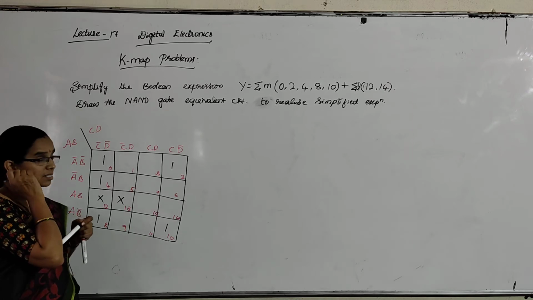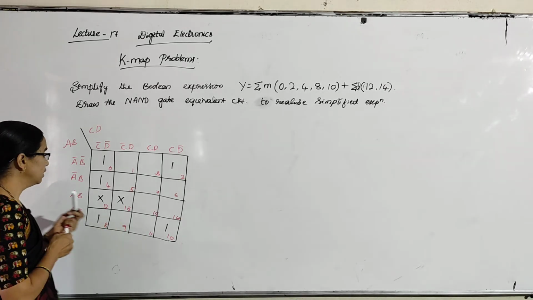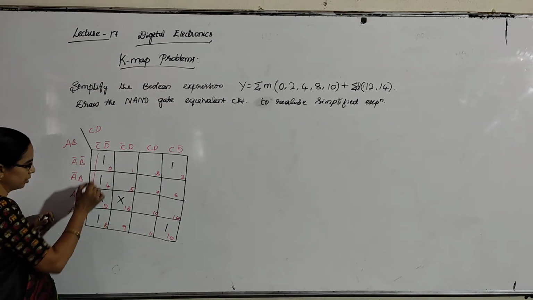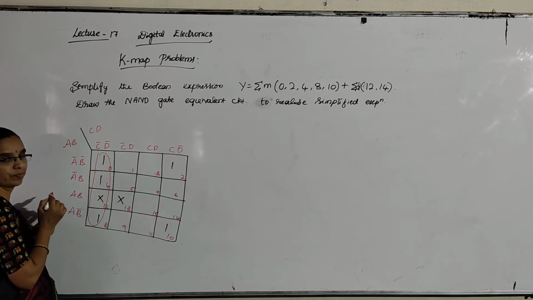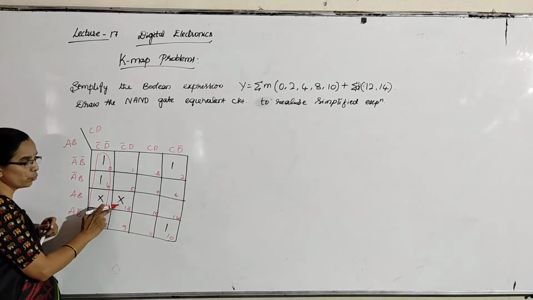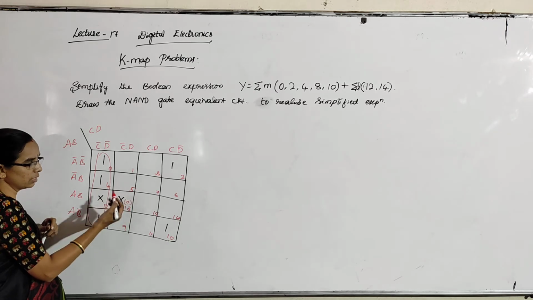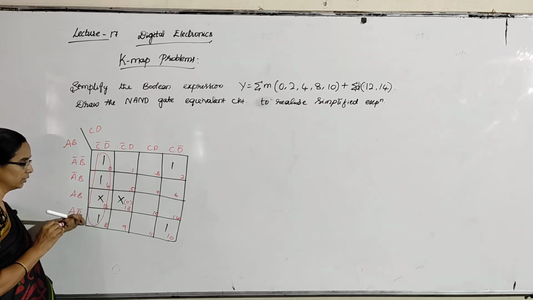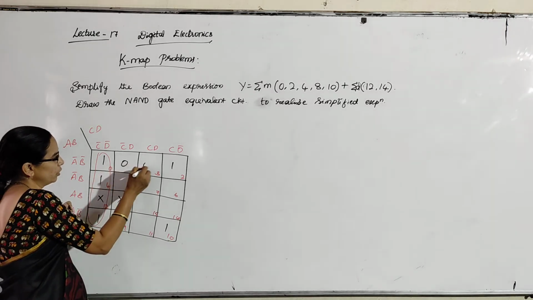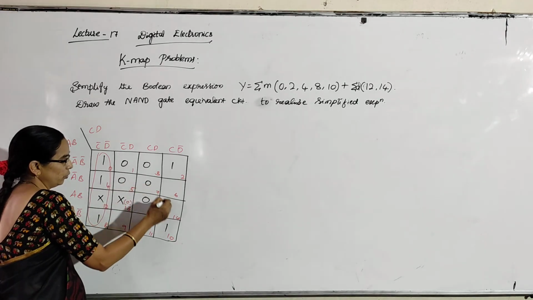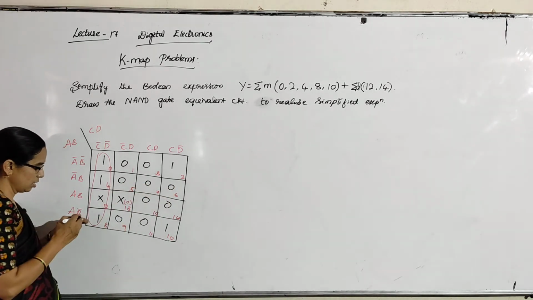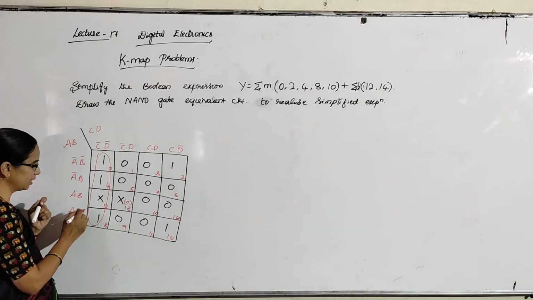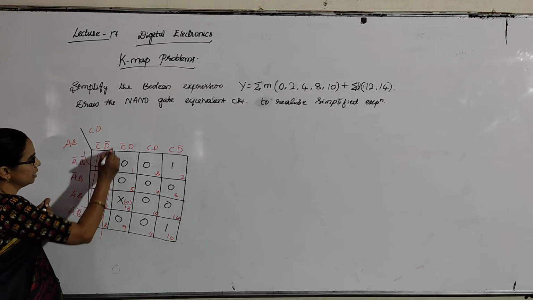So in this case, how to group? I will make a quad of this, and this don't care condition is not useful, so I will consider this as 0. Others, if you want, you can fill it with 0 or leave it like that, no problem. And one more quad I will take, these 4.